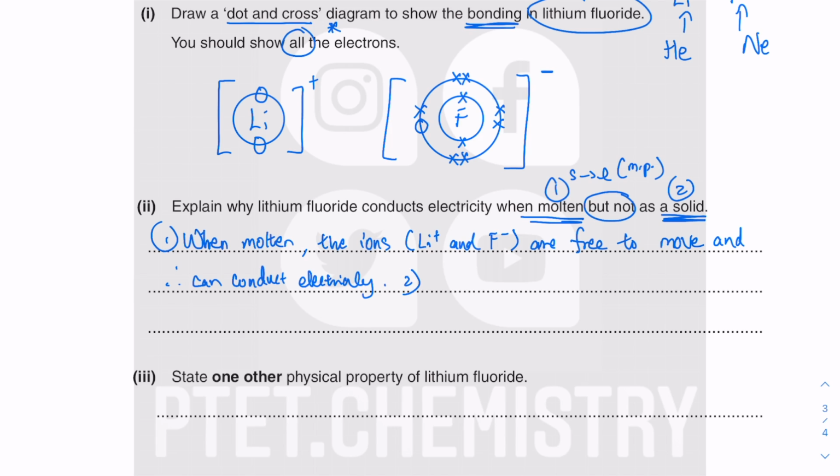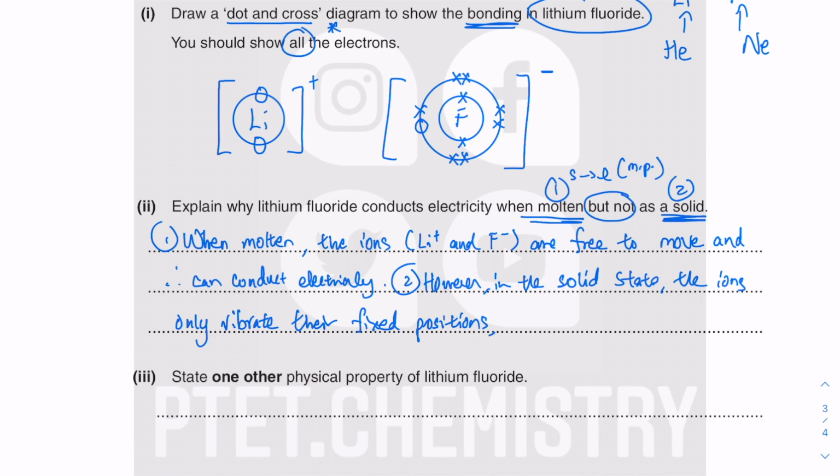Okay, however, in the solid state, we know the ions only vibrate about their fixed positions. Again, the idea is their fixed positions. So they are not free to move at all.